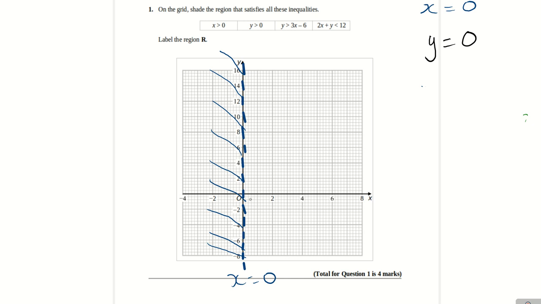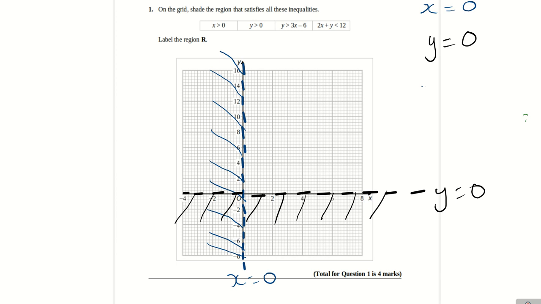Now y equals 0 is the same as the x-axis, so we're going to have to draw a dashed line along the x-axis. Something like this. And that's the line y equals 0. We want y to be bigger than 0, so anything below that line is not required. So I shade that bit.